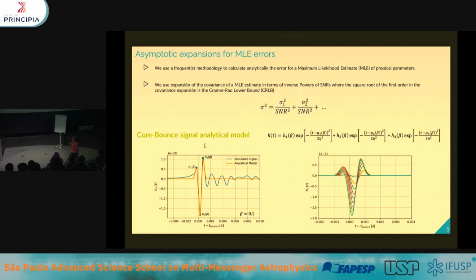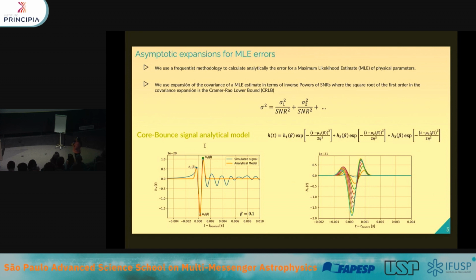For us, it's very important because we use a frequentist methodology to calculate analytically the error of the maximum likelihood estimator. We use asymptotic expansion to calculate the estimation error. So in this part, we use the simulation signal and we can build an analytical model.